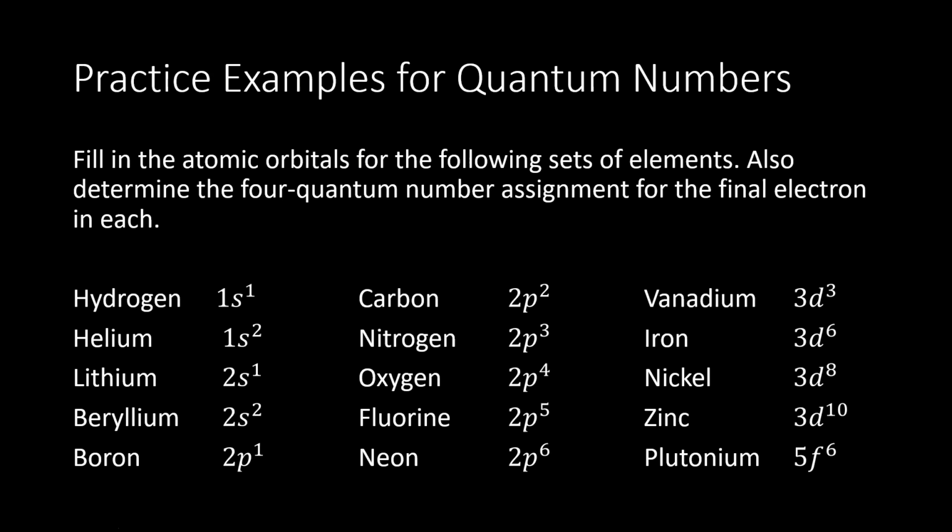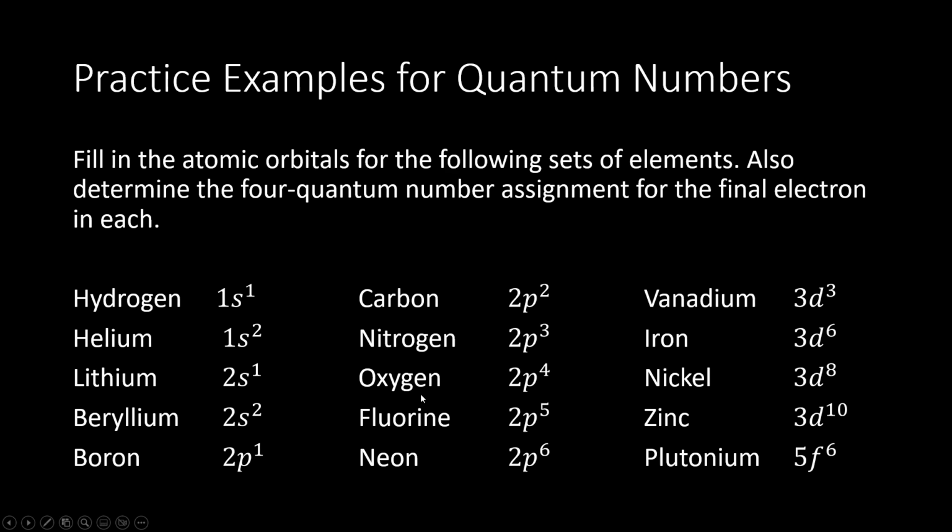So we're going to practice for a few sets of examples where essentially we're filling up the final atomic orbital diagram. So not the entire diagram, but basically the final electrons in that diagram for these atoms. So hydrogen, we have the 1s1, helium, 1s2, lithium, 2s1, beryllium, 2s2, boron, 2p1. We'll do those.